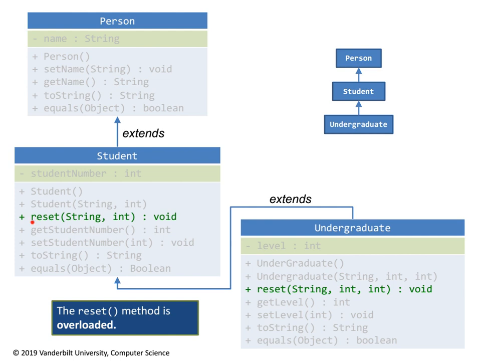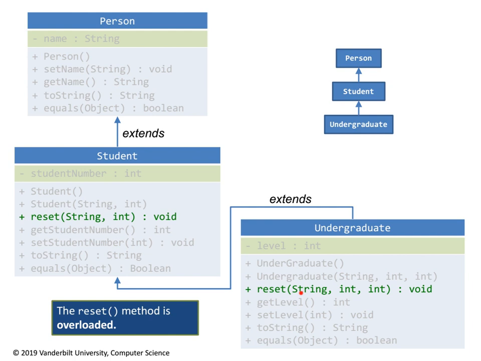We have a reset method defined in our student class, which accepts a string and an integer and returns a type void called reset. Then we also have a reset method in our undergraduate class, which is called reset and returns a type void. So those match and they're the same. However, it accepts a string, integer, and a third parameter, integer.